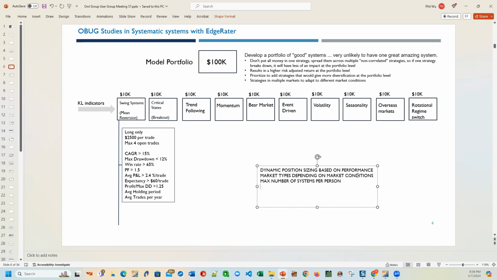Oh yeah, I think that's maybe a good suggestion. Well, because divide and conquer. Yeah, because we have I think 9 folks in our group that have EdgeRater, and if we have 10 systems roughly, yeah, we could divide them. One person could take each one.